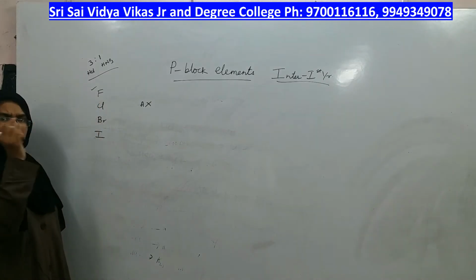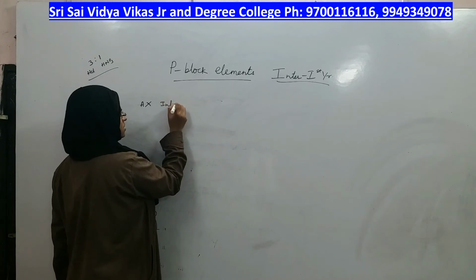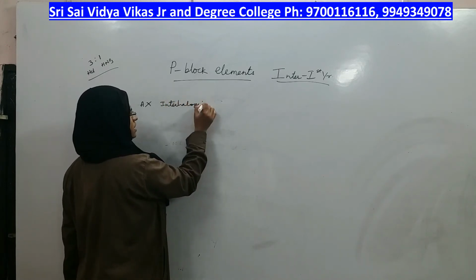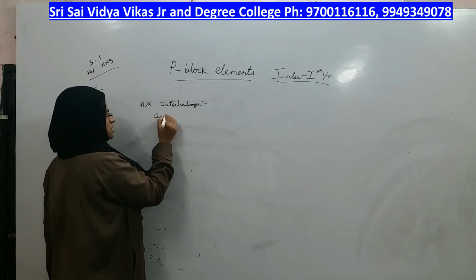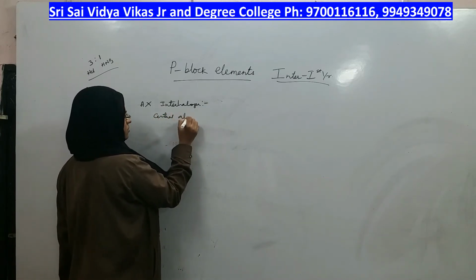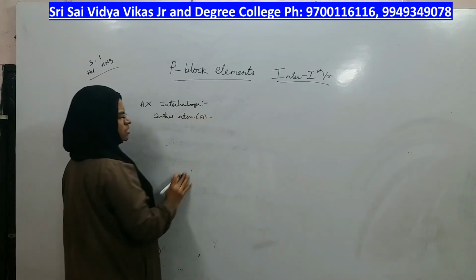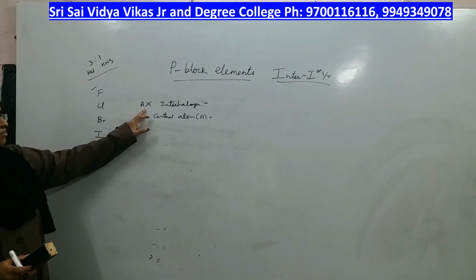The central atom, or you can also say, in interhalogens the central atom will be large halogen, large size halogen. What is the central atom here? A is the central atom. Which halogen should you take as a central atom in interhalogen compounds?